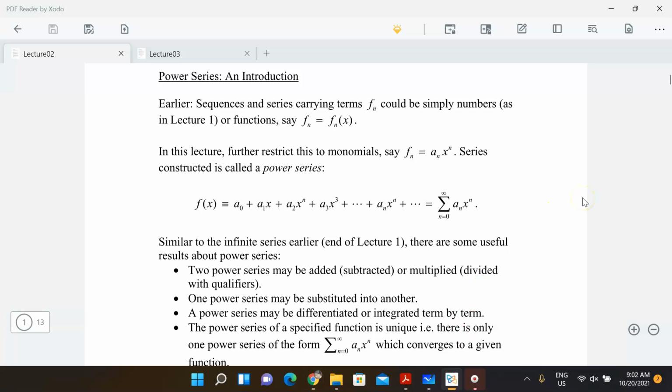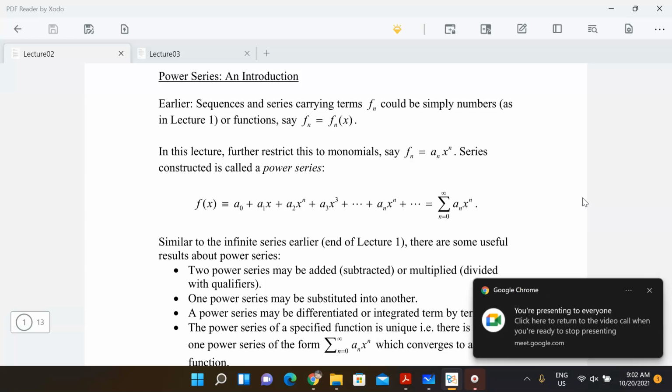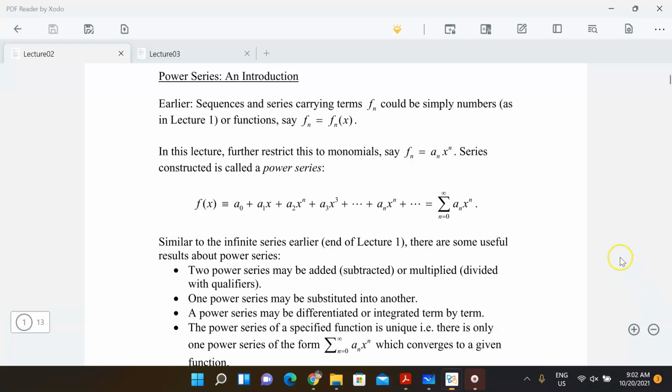So we've gone into power series at this stage from the first chapter, and instead of having sequences of numbers, we are going to have sequences of powers of a variable.